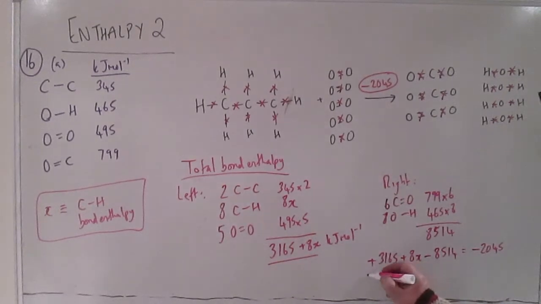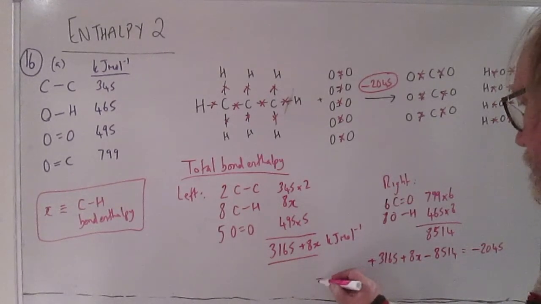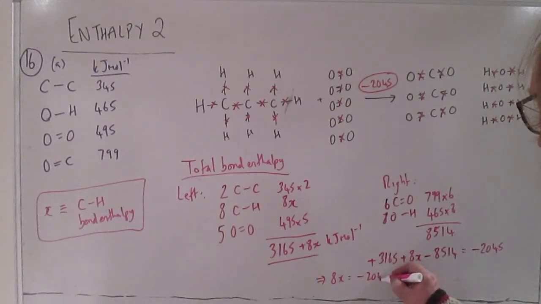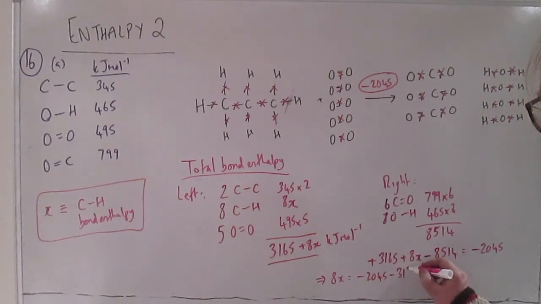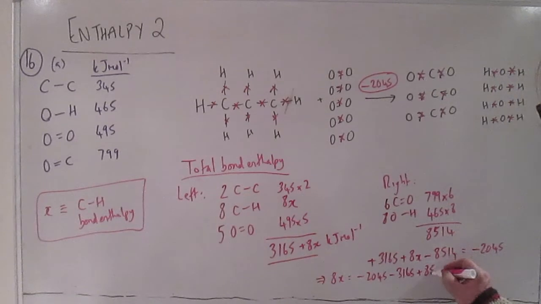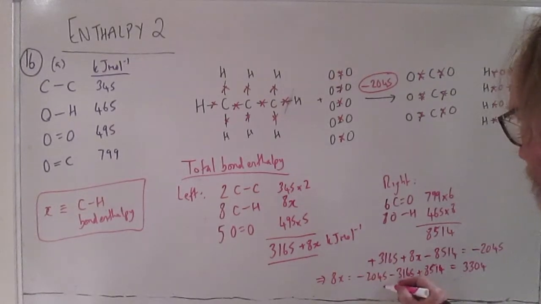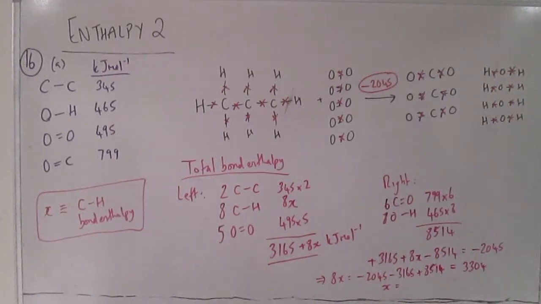So rearranging that, we get that 8x is equal to minus 2045 minus 3165 plus 8514, which, if you work it out, comes to 3304, and therefore x is just that divided by 8, which is plus 413 kilojoules per mole.